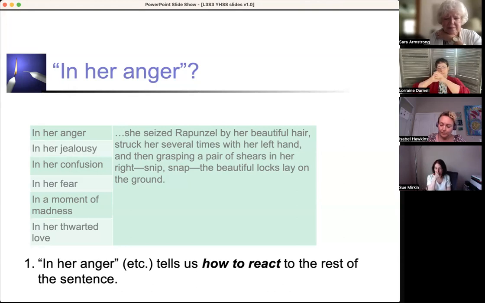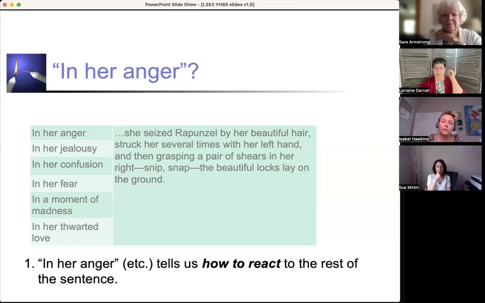She sees Rapunzel's beautiful hair and cuts it off. That doesn't tell us by itself. The word sees gives us a little bit of interpretation, but it doesn't tell us by itself. Is this an act of aggression, or an act of helping with grooming? But when you add in her anger or something like that, now we know this is not just being helpful. This is losing it. This is aggression.